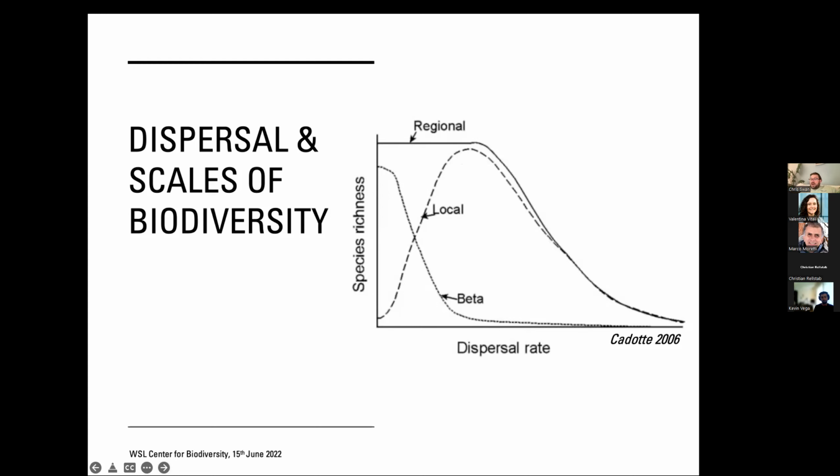You get competition taking over regionally. And that's why beta diversity, or turnover from one location to the next, also declines.